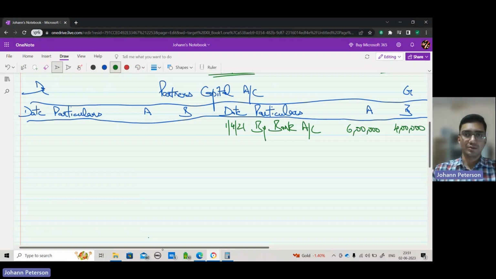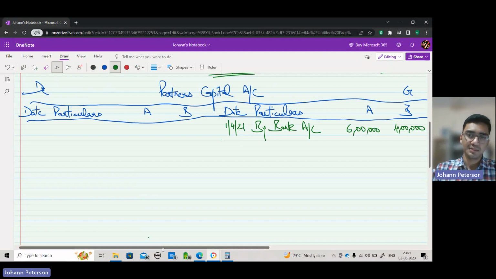Other items we can look at from a format of a fluctuating capital. The next item which we can write on the credit side is going to be called interest on capital. So here, when do we give the interest on capital?